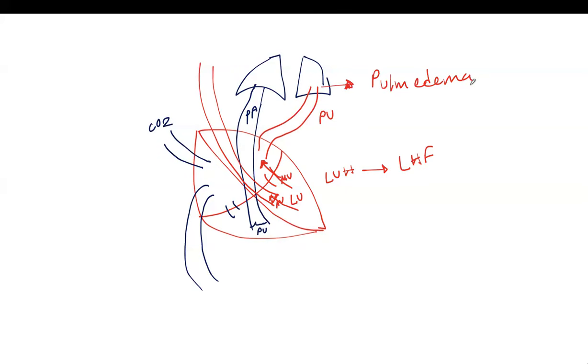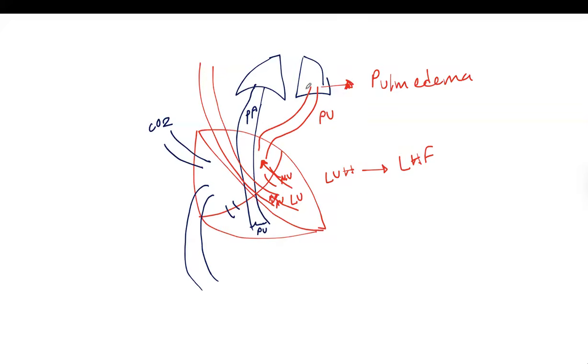So they come to us with acute pulmonary edema due to left heart failure. And this is how it works. Does it make sense so far for everyone? Everyone is good? Very, very good.